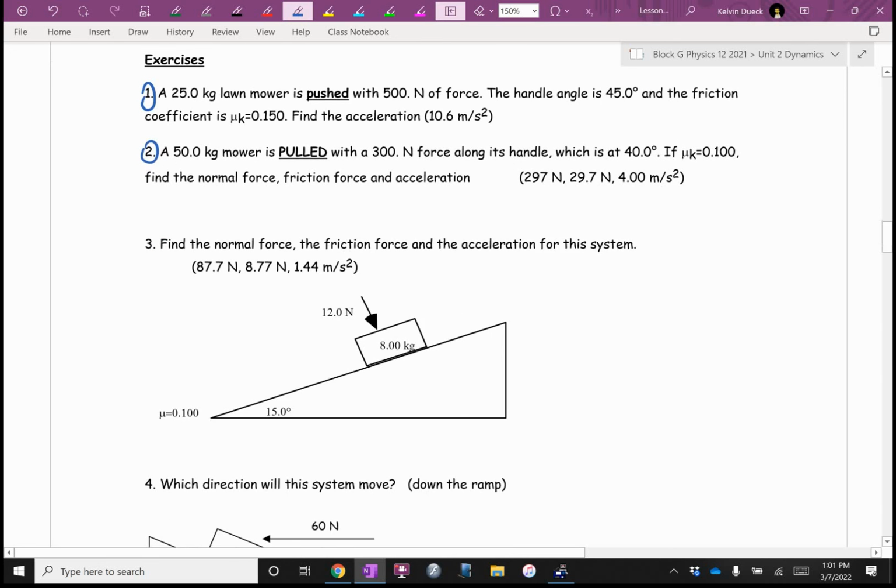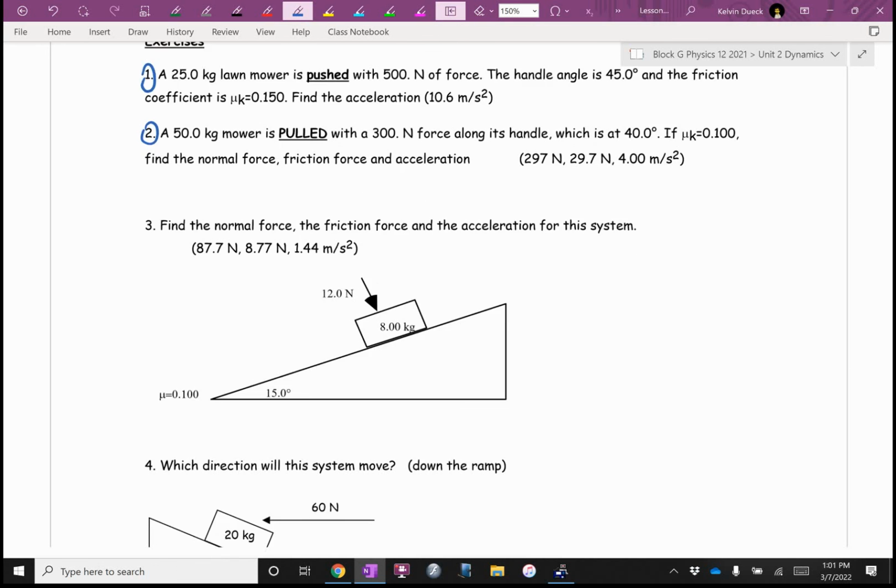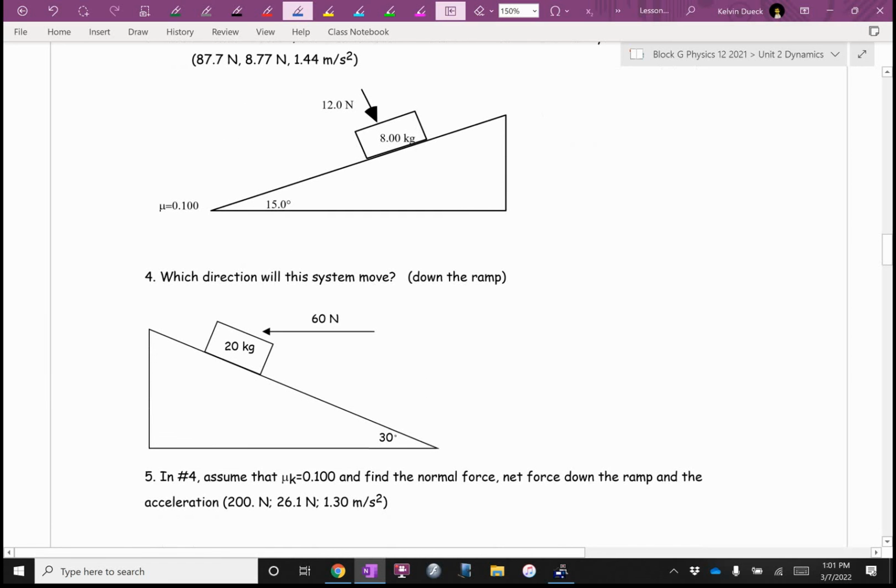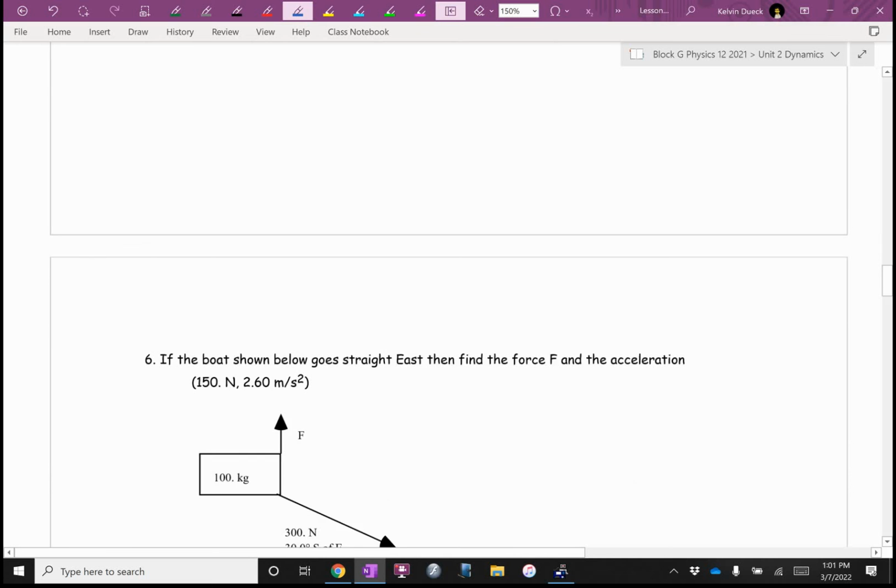In a normal year, I would give number 3 because here, the ground is at an angle. Did I say components? That force is in the same direction as mg perpendicular and normal force. So it's actually not too bad, but I'm going to cut corners. I don't want to overwhelm you. Same with number 4 is really, really cool. Which direction will it move? I'm going to skip that.